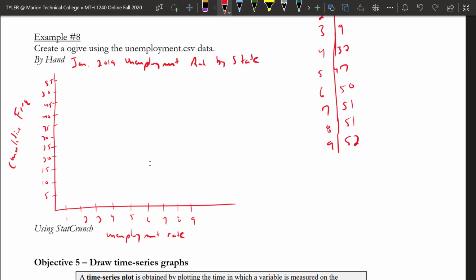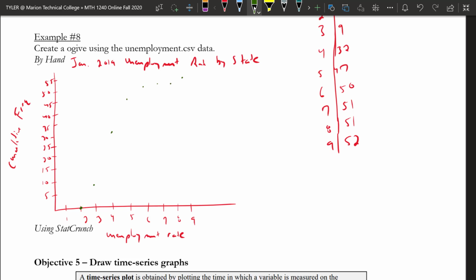Then we just plot these points that we just listed here. So we have the point (2, 0), and then (3, 9), and then (4, 32), and then (5, 47), and then (6, 50), and then (7, 51), (8, 51), and (9, 52).